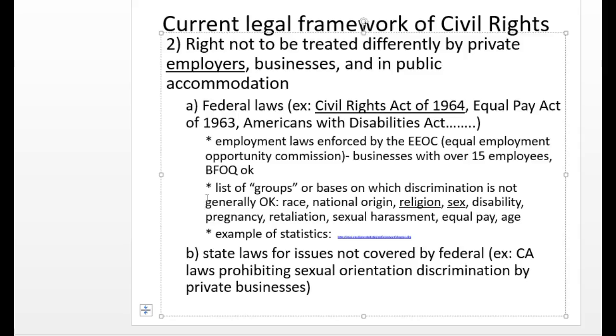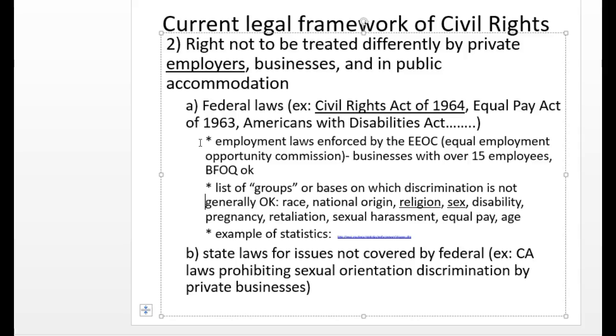This is a pretty dramatic difference in interpretation of the Civil Rights Act, and there's a case that was announced last month in which the court found that this was not an appropriate reading of the Civil Rights Act of 1964. So things are kind of up in the air right now.